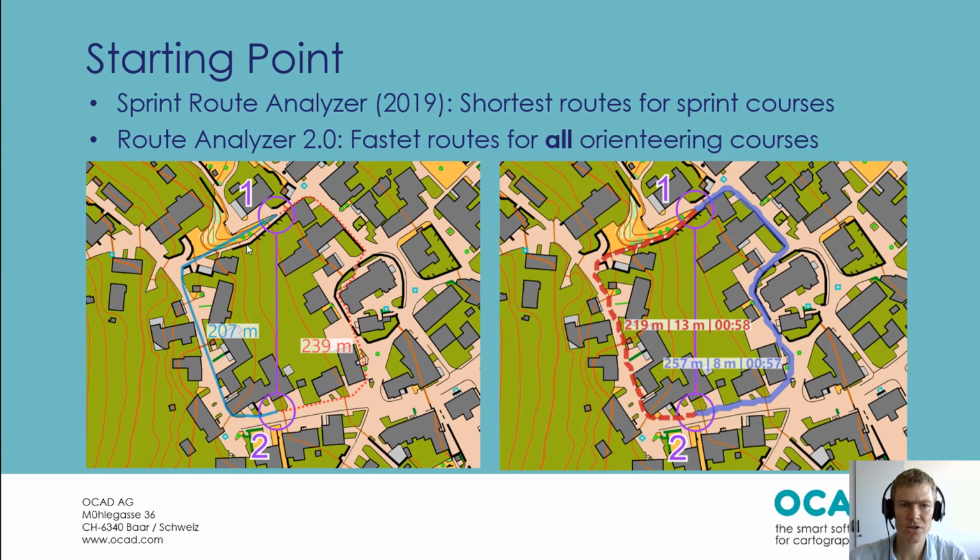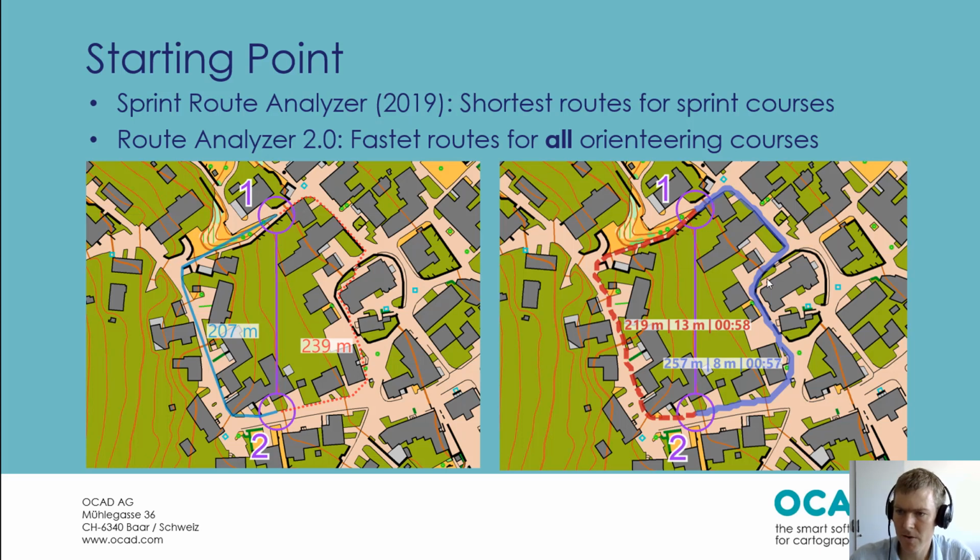In the new version, the Route Analyzer 2.0, as I said, OCAD is no longer looking for the shortest route, but for the fastest route. In this example, the shortest route is the left option, but the fastest route in the Route Analyzer 2.0 would be the right option, as it has fewer meters to climb.